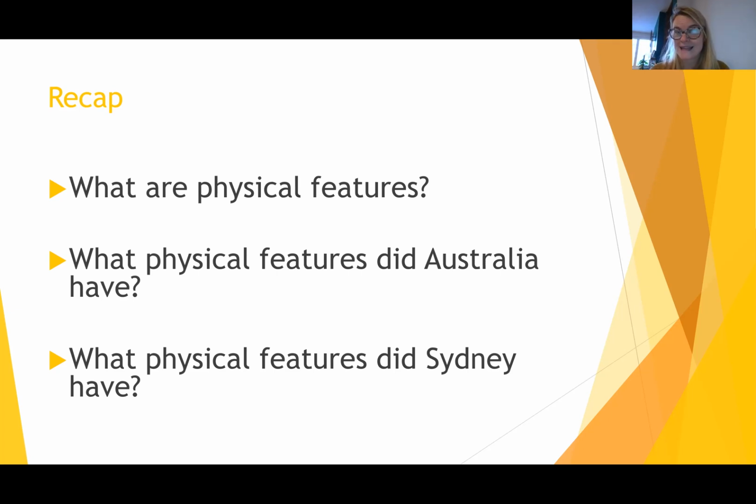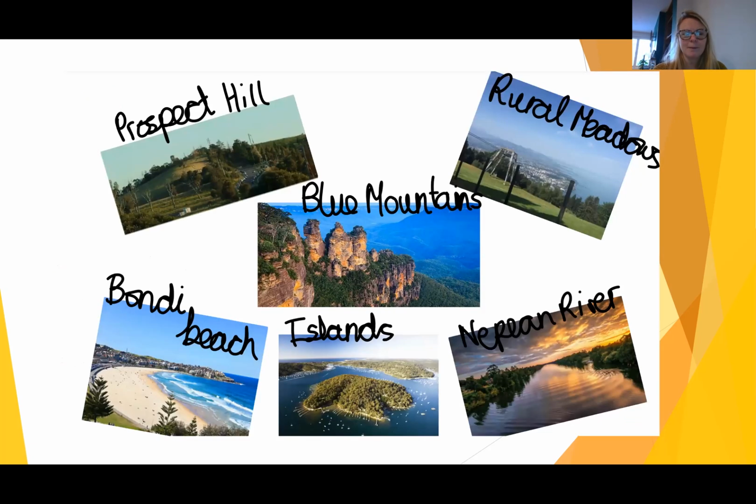There was Prospect Hill, a really lovely green hill with some sort of building at the top of it. So loads of physical features of Sydney. And if you remember, we made a lovely collage of all the different ones. There are also rural meadows, lots of meadows in Sydney, and islands that surrounded them as well. Those were all our physical features of Sydney.